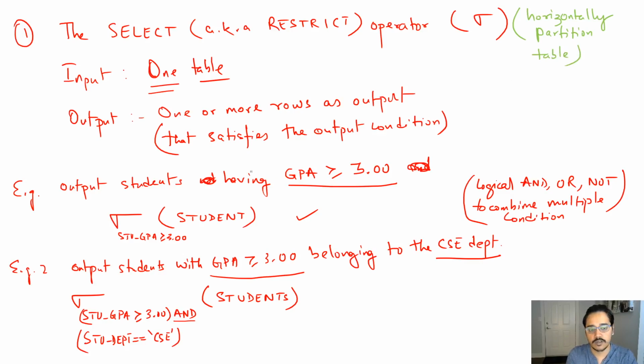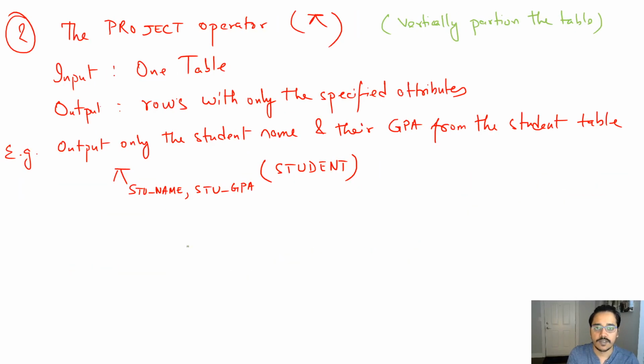Which is because it's going to selectively chop off some of the rows that do not meet the select criteria, and this is only going to project the attributes that we have specified in the project subscript, okay?